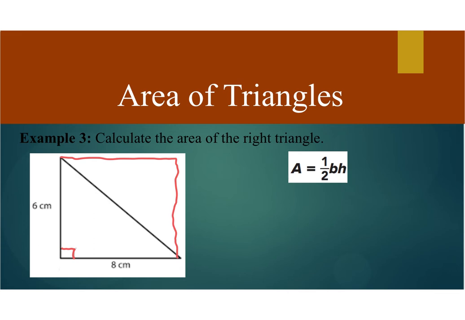So here, I'm going to multiply the 6 times 8 first. And then I multiply that by 1/2, which is also the same thing as dividing by 2. So 24 centimeters squared.